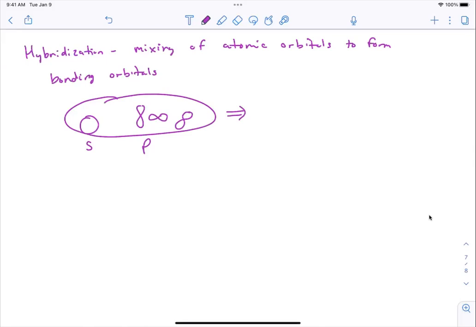You kind of saw this in the HL section where they morph into what we call hybrid orbitals. These are called sp3 orbitals because it takes one s and three p's to make four orbitals. That's always true. The number of atomic orbitals you need is the same number as hybrid orbitals that you're making. Yes, Joey.